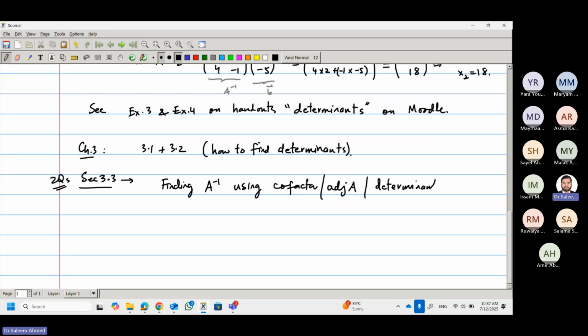Everything is the same, because finding adjugate and cofactors, they all use determinants. So if I say find A inverse using the cofactors of A or adjugate of A or determinants of A, it's the same thing, right? And the second thing here was Cramer's rule to solve a system of linear equations. They both use determinants.